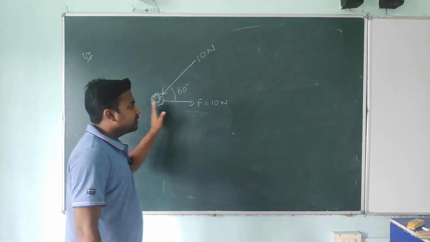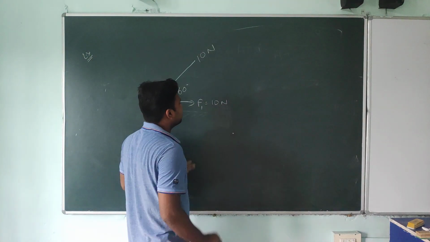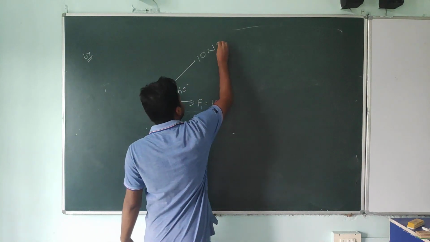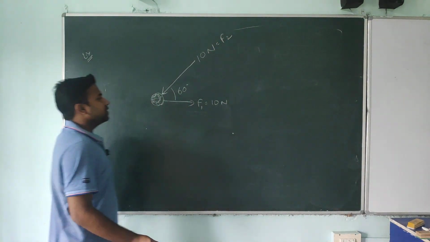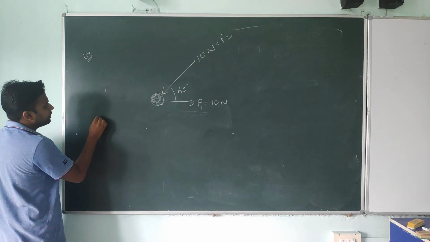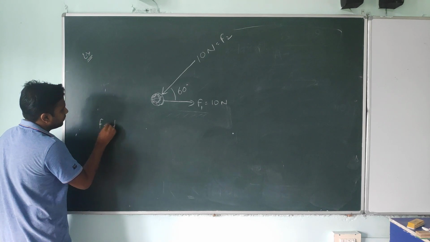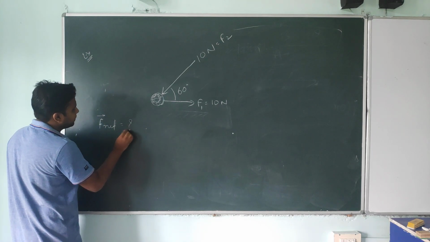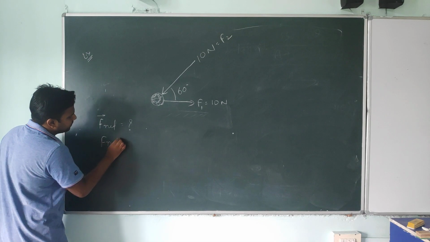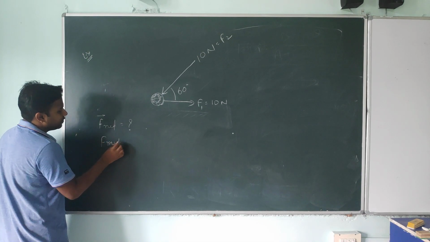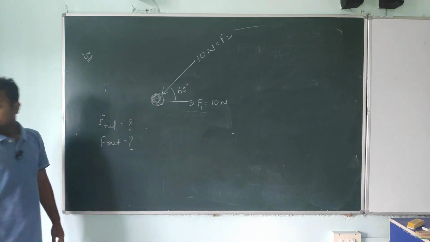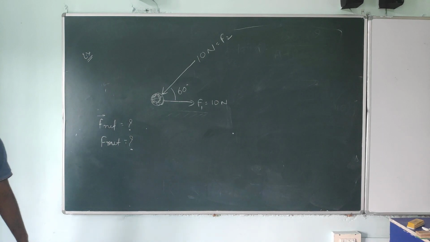On that particle, one force F1 you can assume in the horizontal direction, and this one is F2. You have to find F net, or find the magnitude of F net. Okay student.